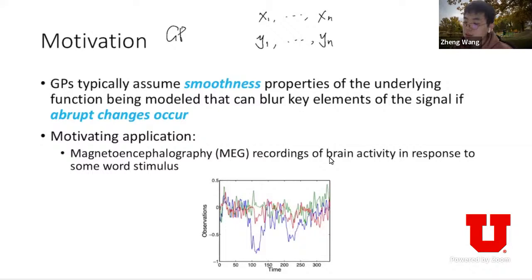To model this data, usually we assume y is some noisy observation of a function f, and epsilon here is usually Gaussian noise in our modeling.